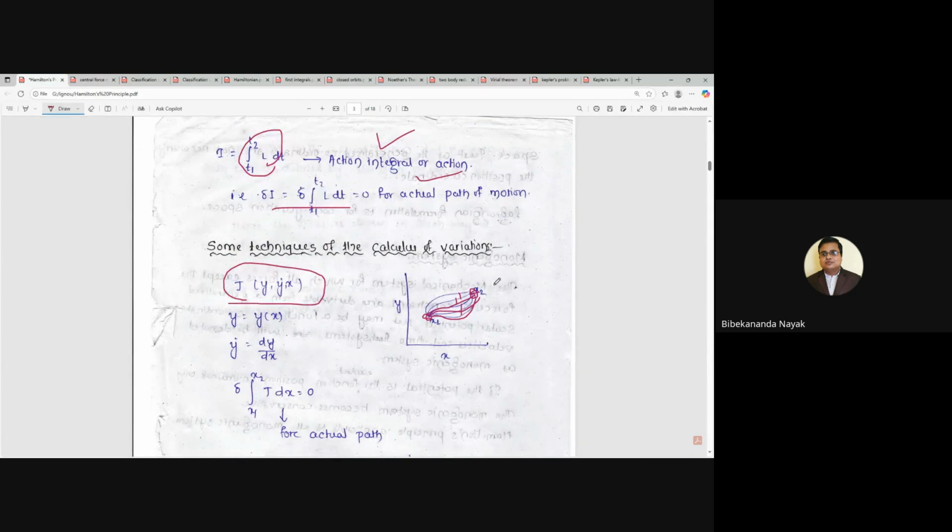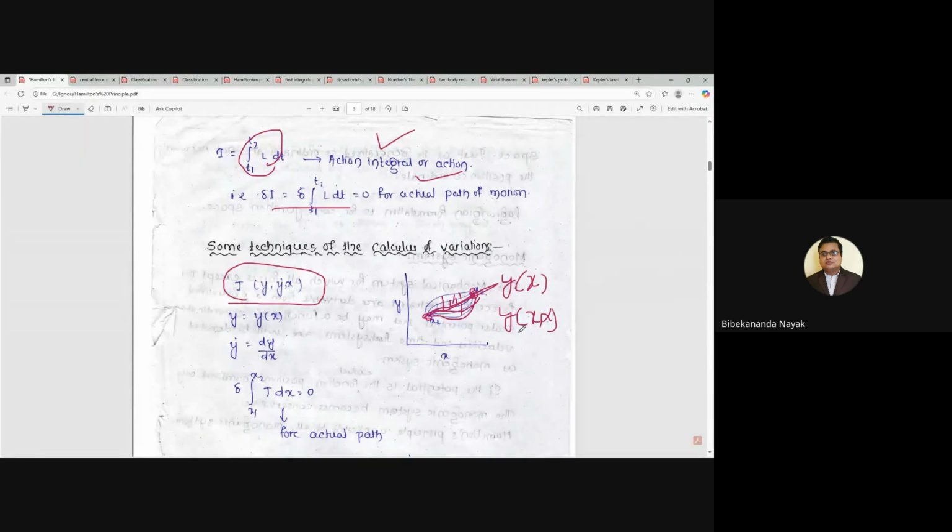For any path which is deviating from here, we can define it through a parameter. Let's say this middle one is the actual path, which is your y of x. So for the other paths, we can write y of x plus something. Let's assign another parameter alpha.